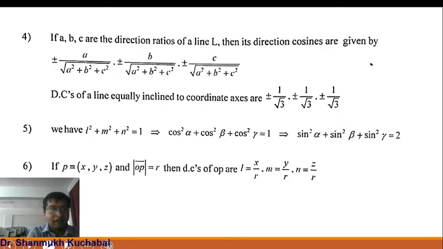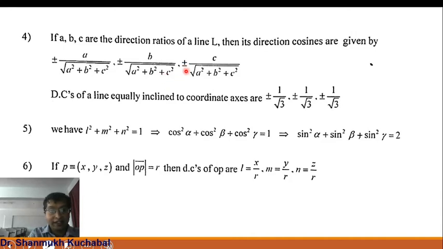Then next, if A, B, C are the direction ratios of a line, then its direction cosines are given by plus or minus A divided by the magnitude, that is, under the square root of A square plus B square plus C square. Next we have plus or minus B divided by the square root of A square plus B square plus C square.